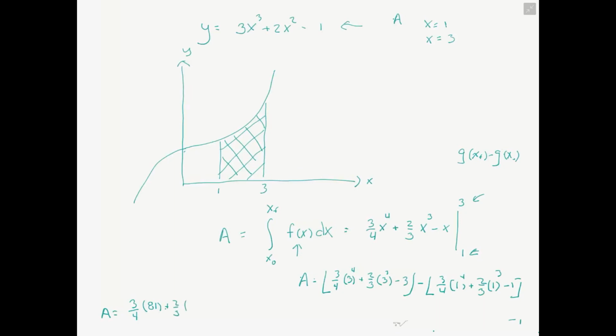So 3/4 of 81 plus 2/3 of 27 minus 3 minus 3/4 minus 2/3 plus 1.